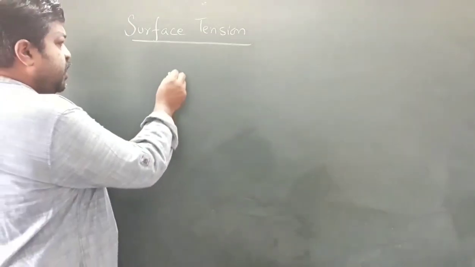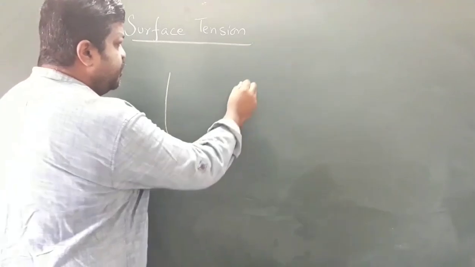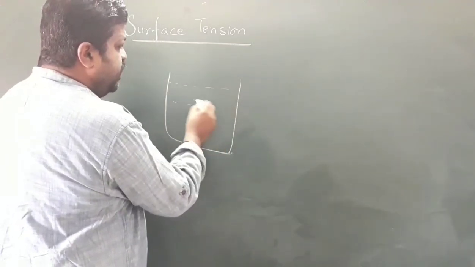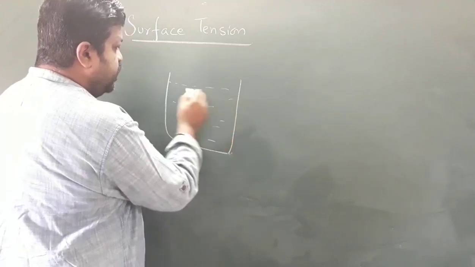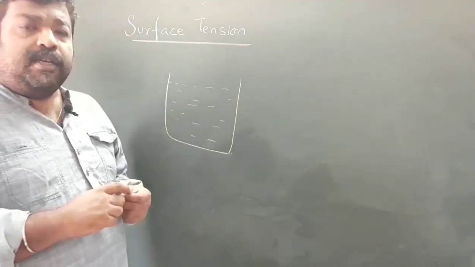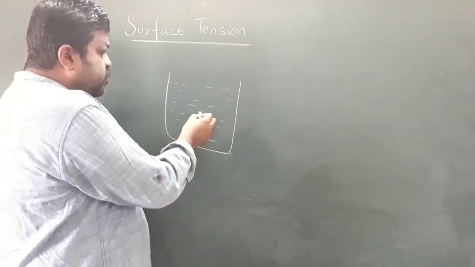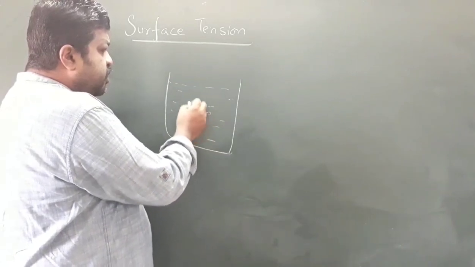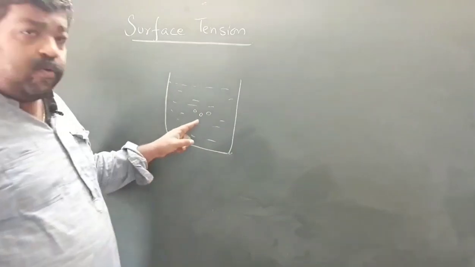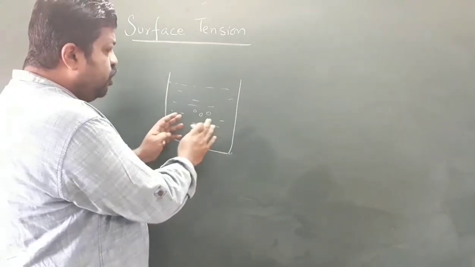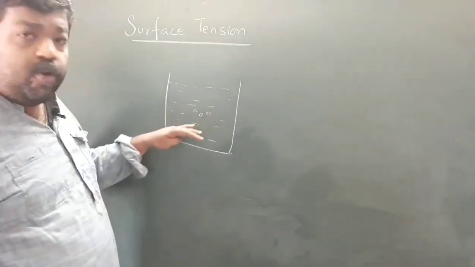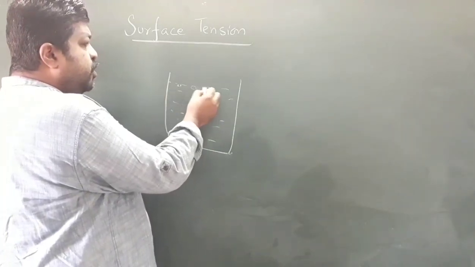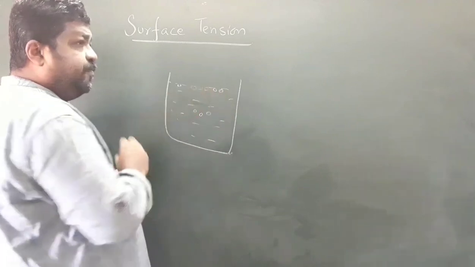Now suppose you have a vessel, and this vessel contains some liquid. So these are the liquid molecules. There will be liquid molecules in the interior volume. There will also be liquid molecules on the surface.